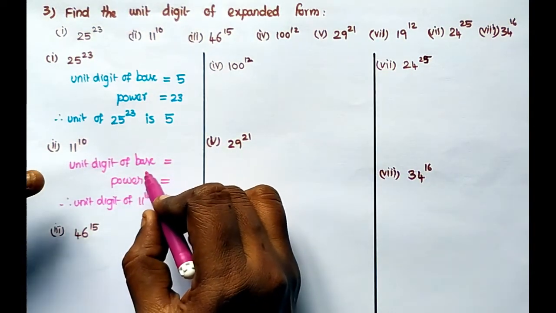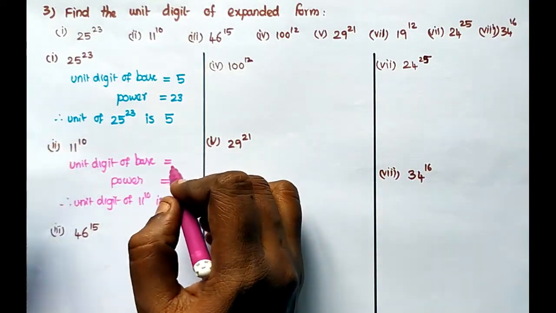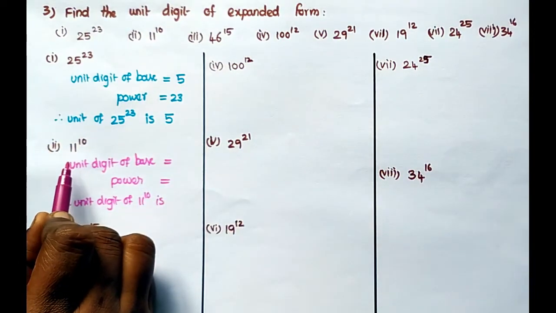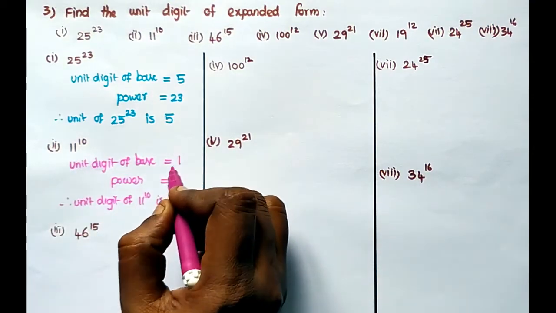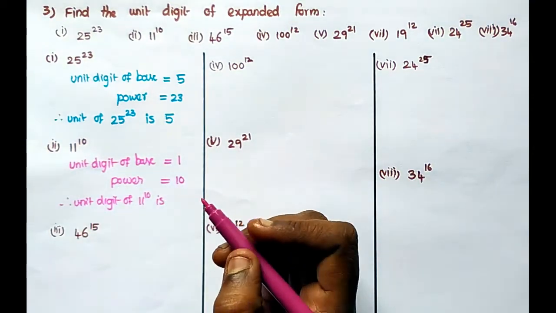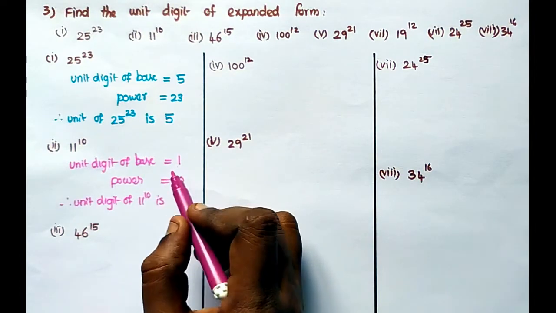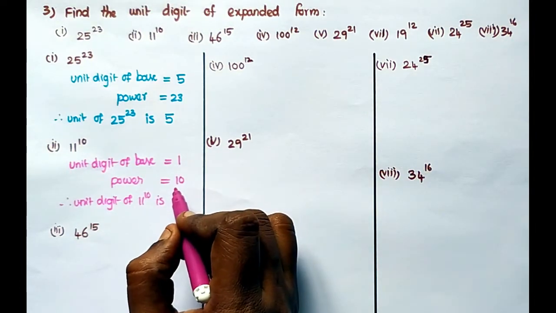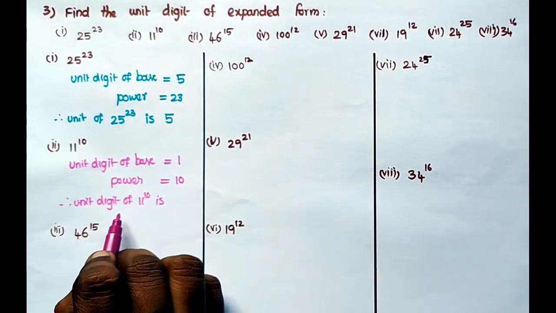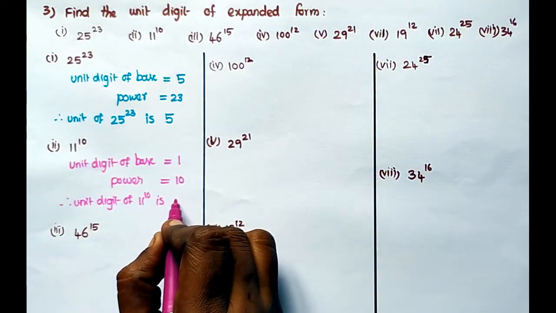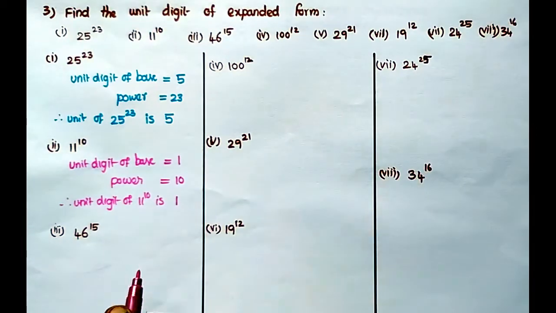The unit digit of base is 1. What is the base here? 11. Its ones digit, that is unit digit, is 1, and power is 10. Base is 1. Whatever the power, even or odd, we get the result of unit digit 1 only.